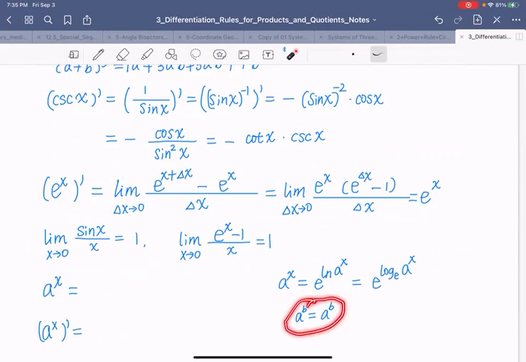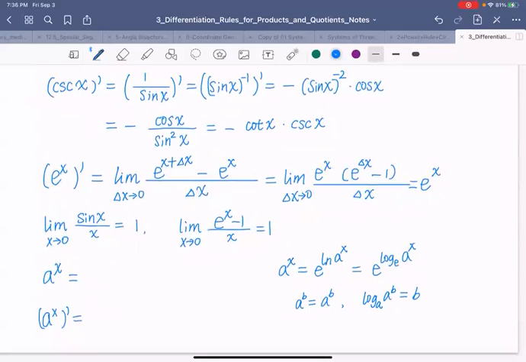Yes, this is always equal. So you can rewrite this as log base a of a to the power b equals b. Can you? Okay. And you can also say log base a of b equals log base a of b.